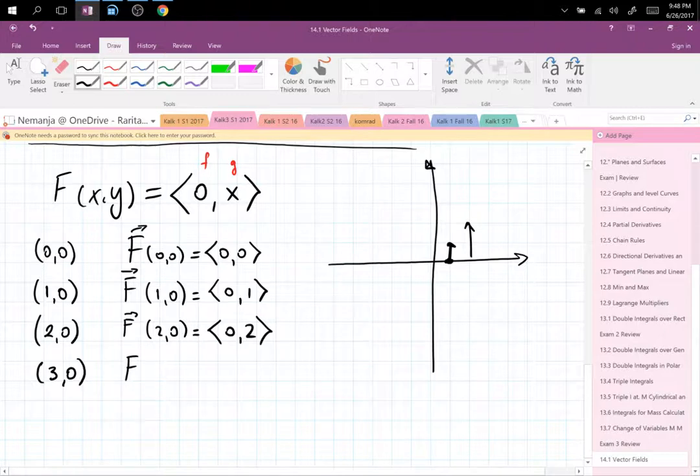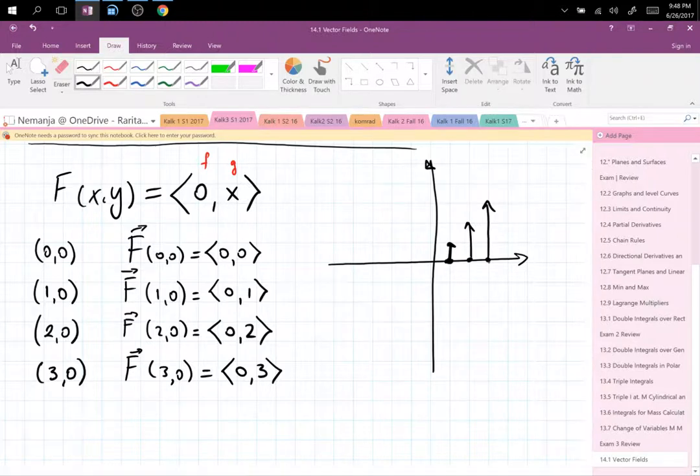3, 0. It's going to be 0, 3. So that one. You can pretty much extrapolate that at 4 is going to be 4 and so on.